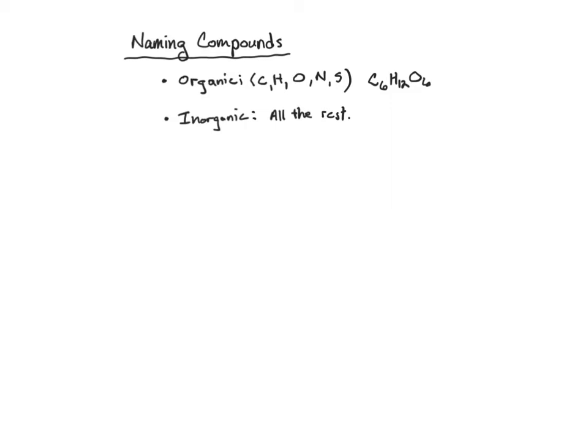Now, within that realm of inorganic chemistry, there are two different types of compound. The first one is the ionic compound. And the other is the molecular compound. Okay, now how do we distinguish between the two of these?